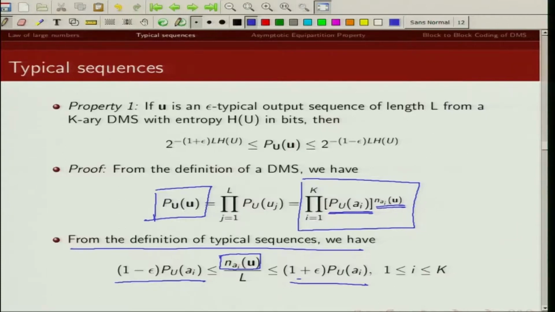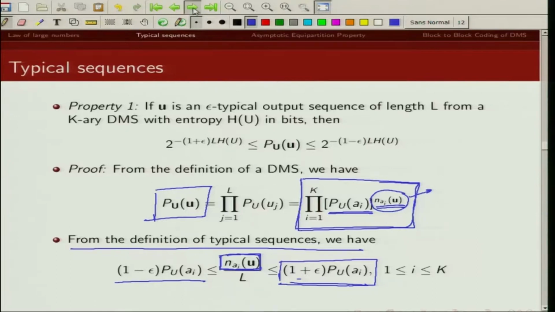So if I replace this by a larger number, this term will become less than or equal to probability of U. So that's what I am going to do first. I am going to replace this NAiU by L times this quantity. So I am going to use this upper bound first.